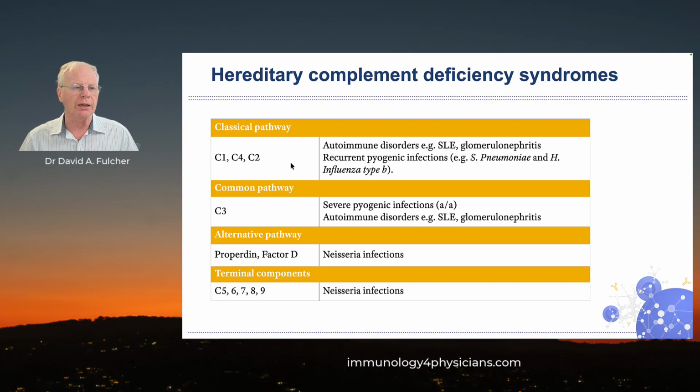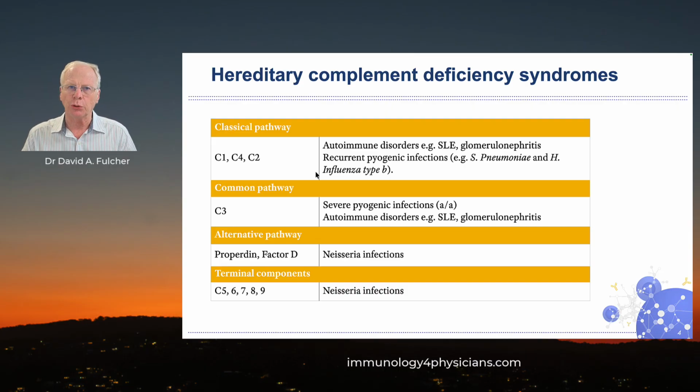But the classical pathway, C1, C2, and C4, deficiency of those are associated with autoimmune disorders like immune complex disorders, but also, as you could imagine, pyogenic infections where the classical complement pathway is implicated, specifically if you have antibodies to those types of bacteria.